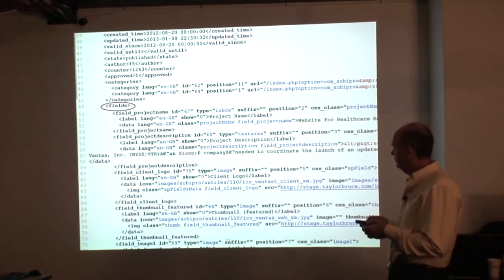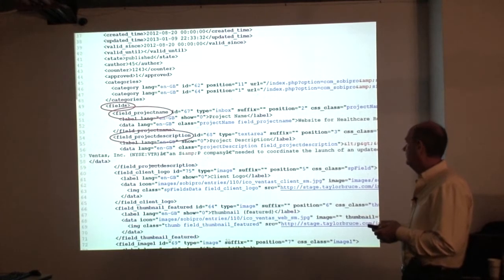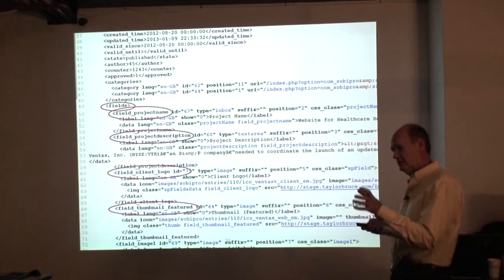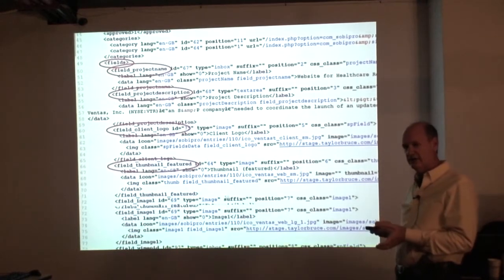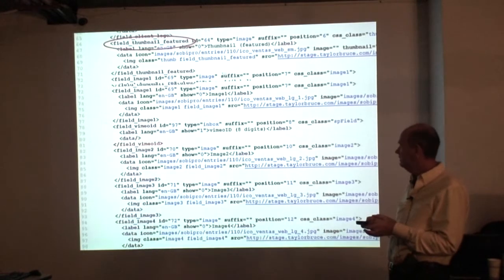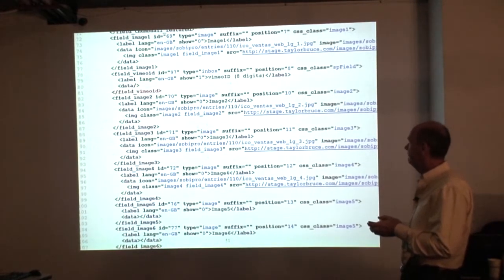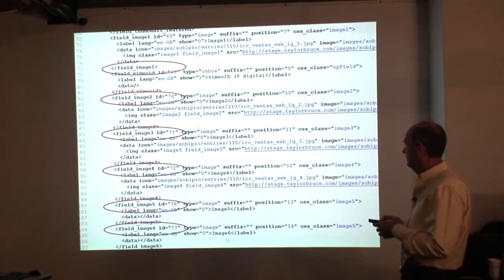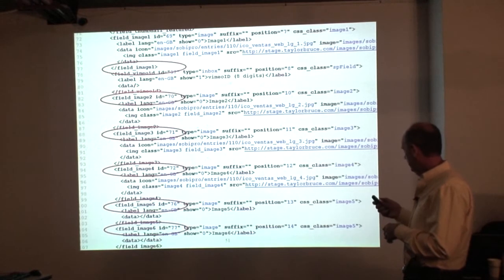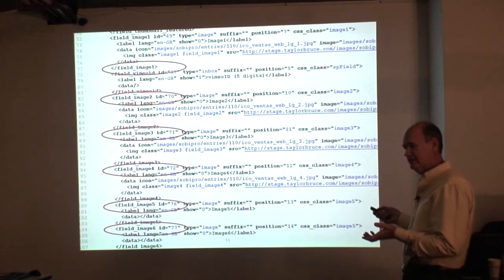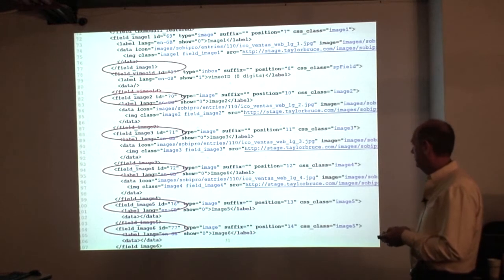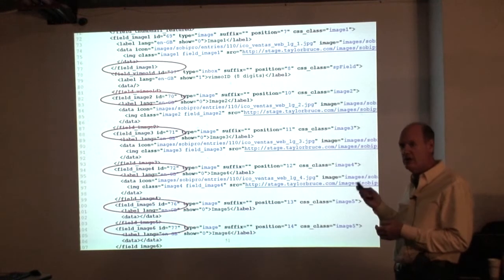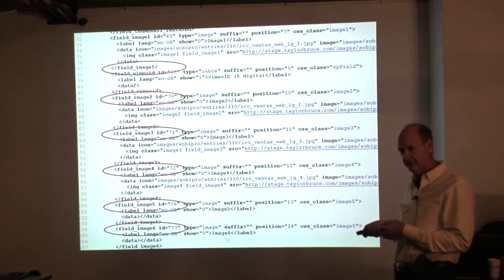So the project name is a field, so all the fields are listed: the project name, the project description, the client logo, which is an image field, the thumbnail, which is what you saw when I showed all the featured projects. Those are all the thumbnails of each of the projects. And then for each project, I have 6 slideshow entries, and I just call these fields image 1 through image 6. And like I said, I added a video field to that also. So you can see it's pretty simple. I mean, it's even simpler than the divs and what you see in a DOM, because it's all very spelled out. Just the content. So that's the content that you have to traverse with your XSLT.